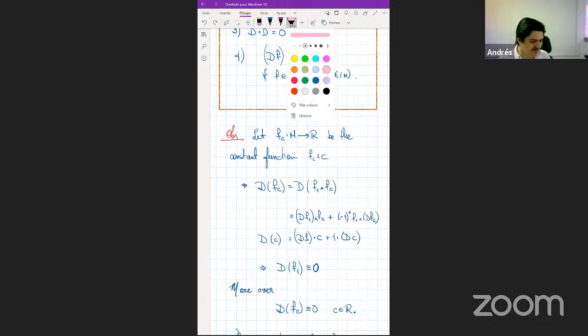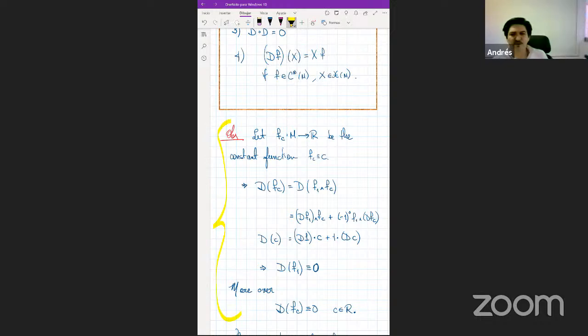Now, note that this argument that I used here, we have used it before when we defined how a derivation acts on functions. We saw that a derivation acting on a constant function vanishes, it's 0.